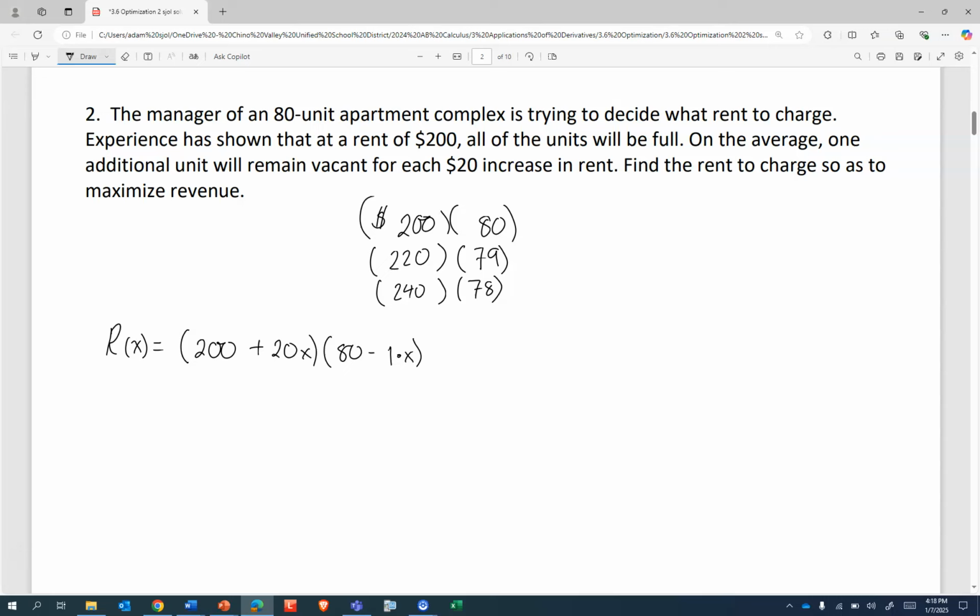Now, x is kind of two things. X is the number of $20 increases in rent.